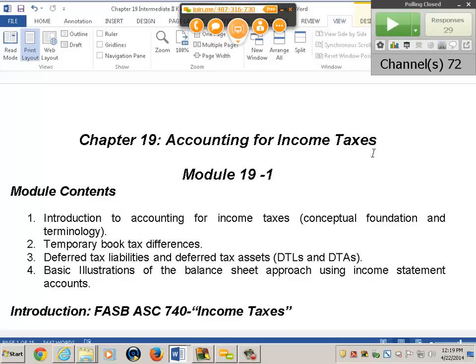We'll look at temporary book tax differences, give you an idea of what we mean by deferred tax assets and liabilities, and we'll look at an income statement approach, but also make sure you understand that there's something called a balance sheet approach as well. I like the income statement approach because it's much easier to teach. If I told you that you paid more tax today because you couldn't take a tax deduction, I think you can understand that, right?